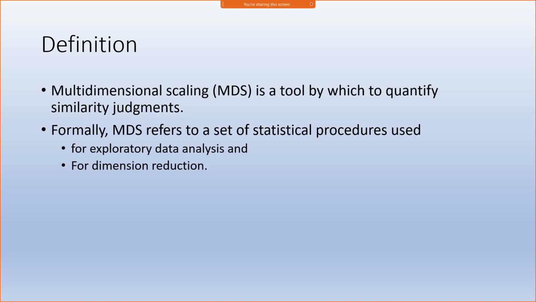That decision is solely based on their assessment. So person A may split the 20 things into different groups. The other will do the same thing. So basically it is a tool that enables the participants or the subjects to quantify similarity judgments.